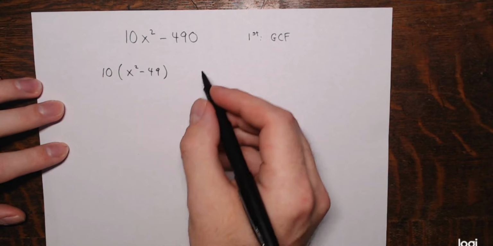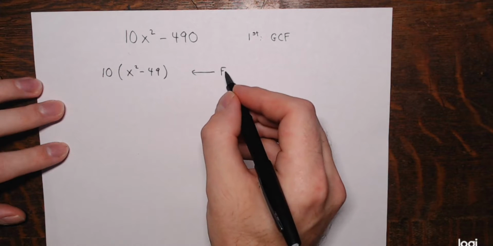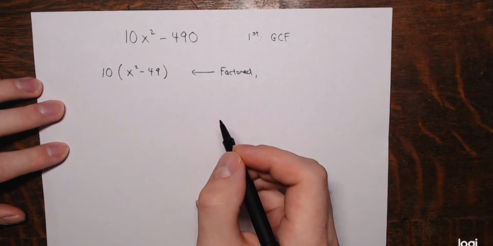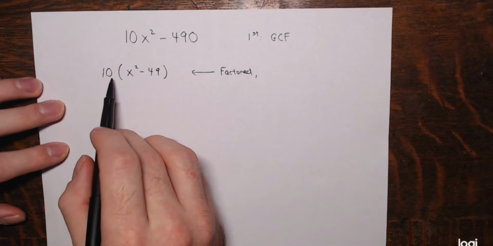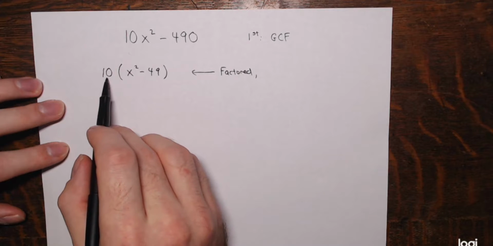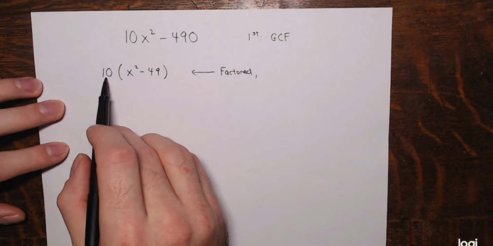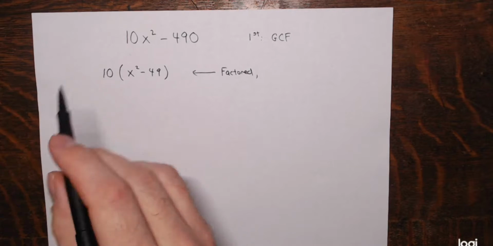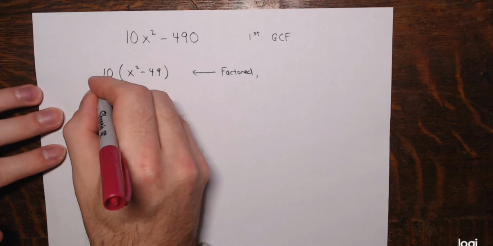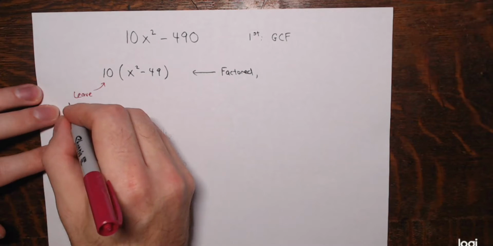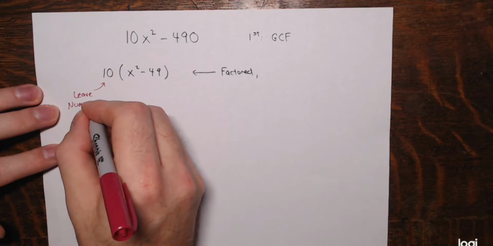Okay, so yes, this is factored, but not completely. Because now, numbers you're going to leave alone. I know you can factor 10 further to 2 times 5, but any numerical factors you're going to leave alone. I'll make that little note: leave numerical factors as they are.